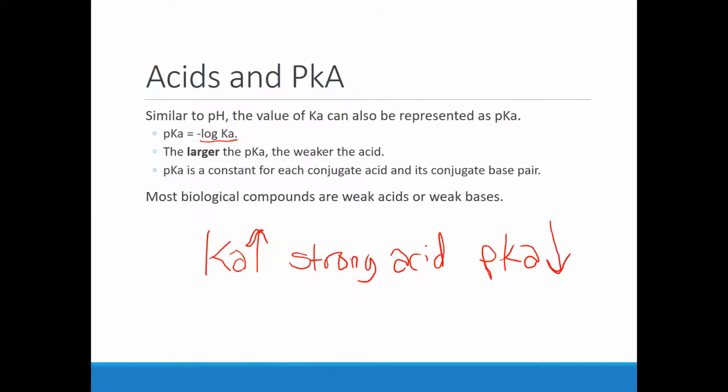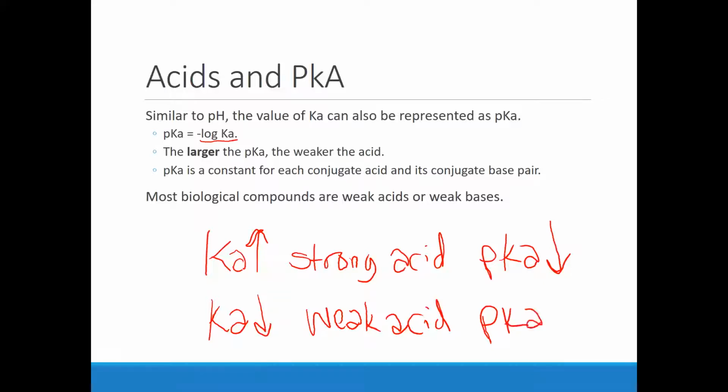Again, opposite trend, just like with pH. So for a weak acid, for example, your Ka will be lower. This is your weak acid. And that means your pKa will actually be larger.